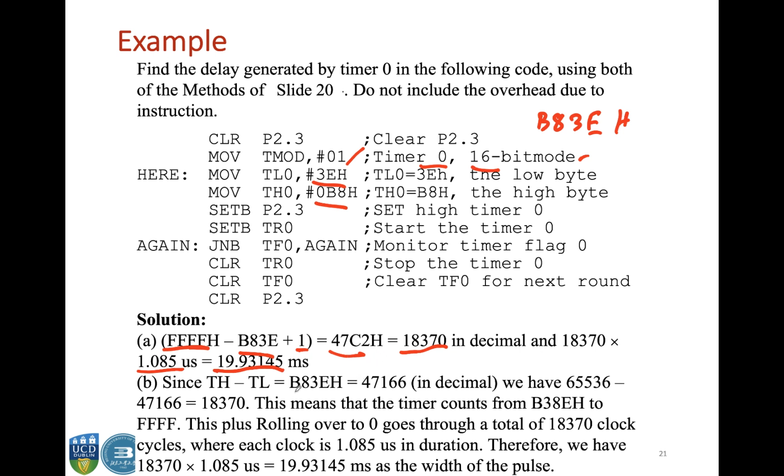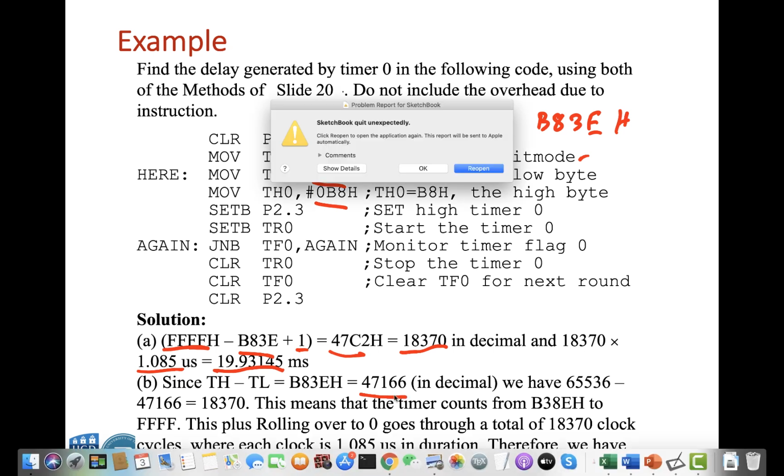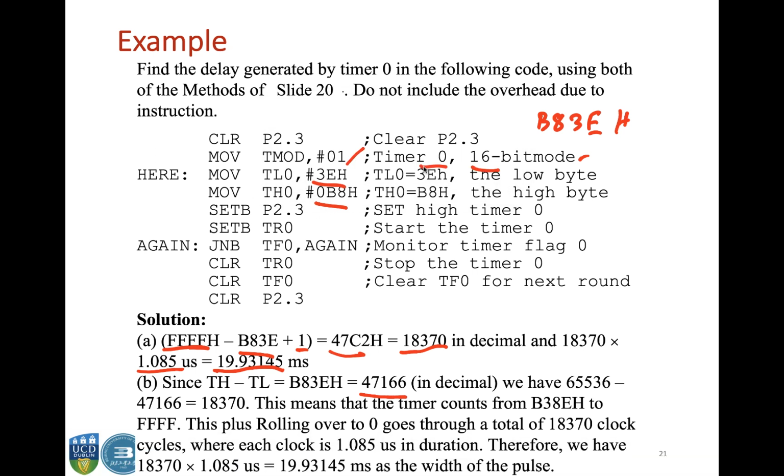You can also do it this way: B83E is 47166 in decimal, and 65536 minus 47166 gives you 18370. Then you get the same number, 18370 times 1.085, and you get 19.93 milliseconds.